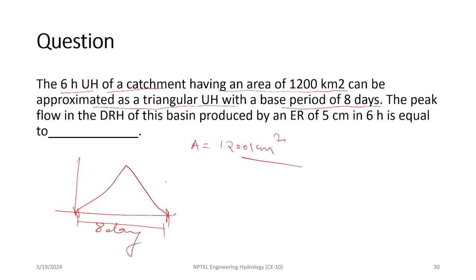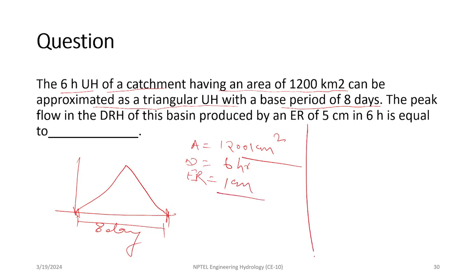Then this hydrograph has a duration of 6 hours. Okay, 6-hour rainfall is happening continuously, and we are getting an effective rainfall value of 1 centimeter.